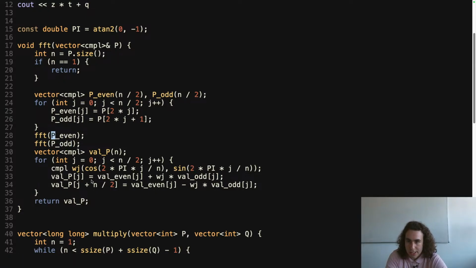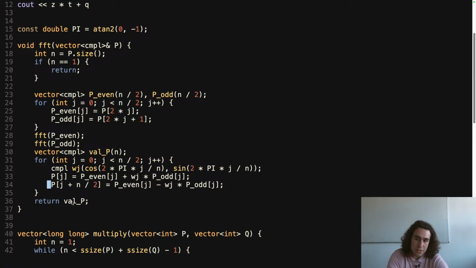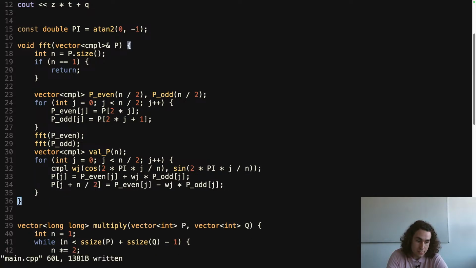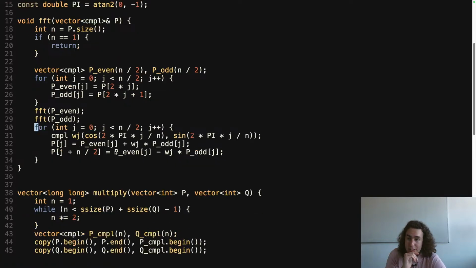And now we just replace all these val even with p even, val odd with p odd, and val p with p, and we don't need to return anything. The code even became shorter. We don't even need this vector. The code became shorter, everything became better.